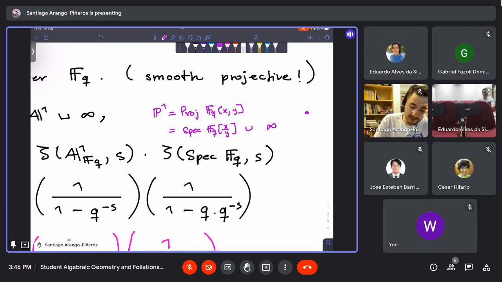Okay, perfect. That's the usual one. You can construct P1 in many different ways, but if you take away a point from P1, you get the affine line.